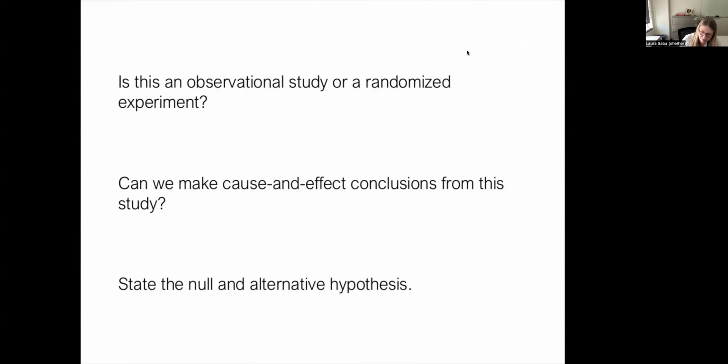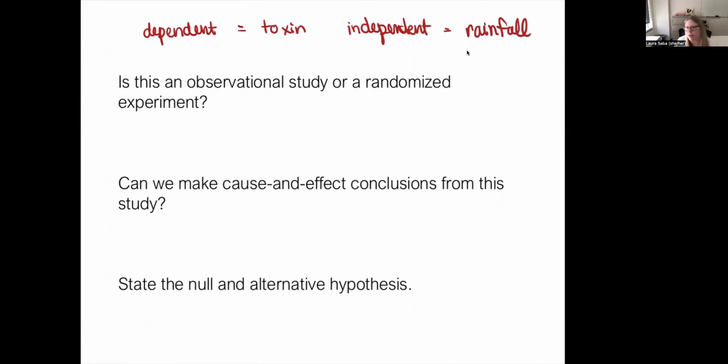And so is this an observational or a randomized study if our dependent variable is toxin and our independent variable is rainfall? We weren't able to control the amount of rainfall at these sites, right? That wasn't something we were able to dictate.